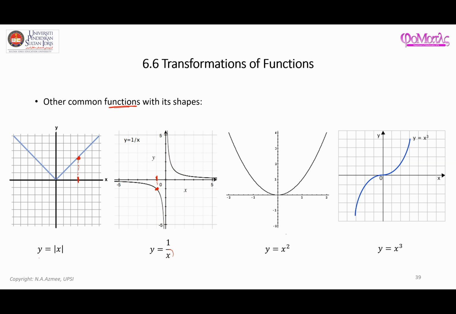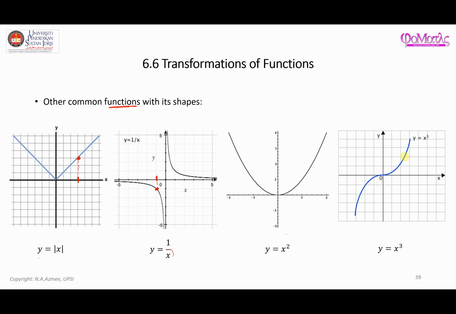Now for this one, y is equal to x squared. This is quite common, so the graph here is a smiley graph, and the minimum value will be at 0, 0, which is at the origin here. Next is the graph where y is equal to x cubed. So it looks like some sort of S-shape.